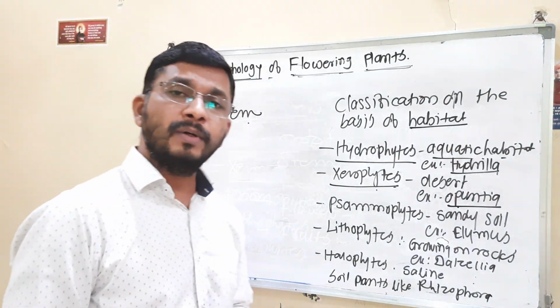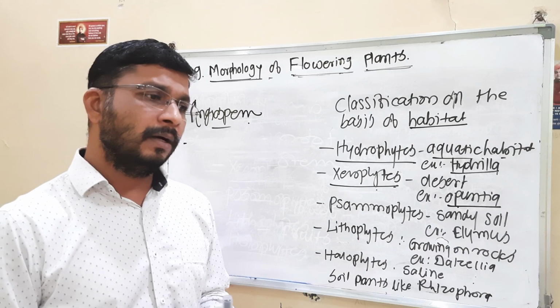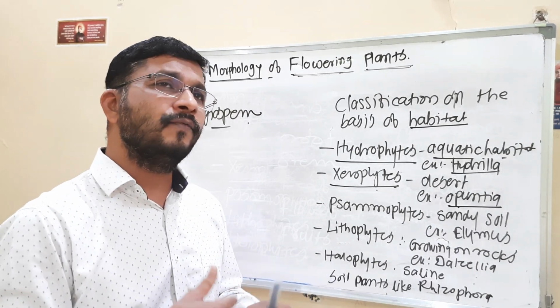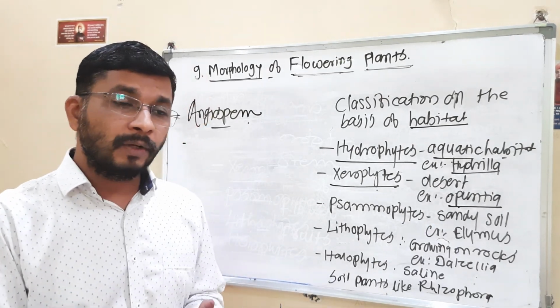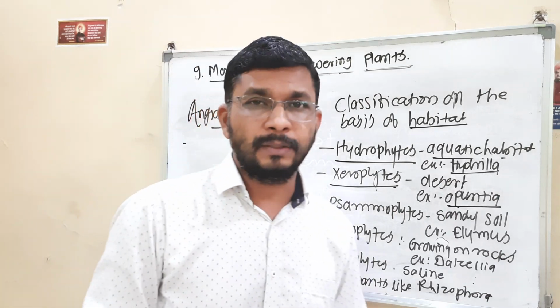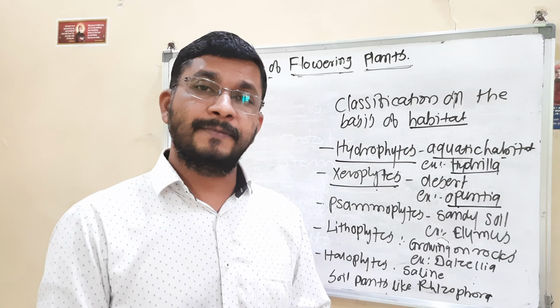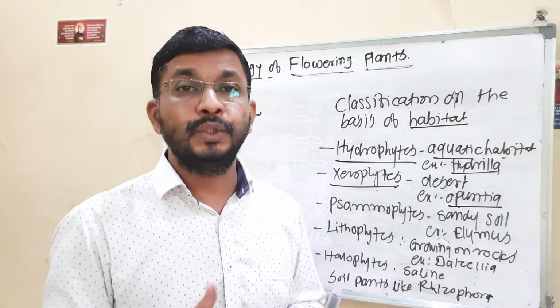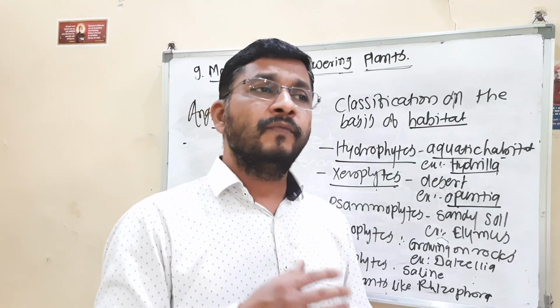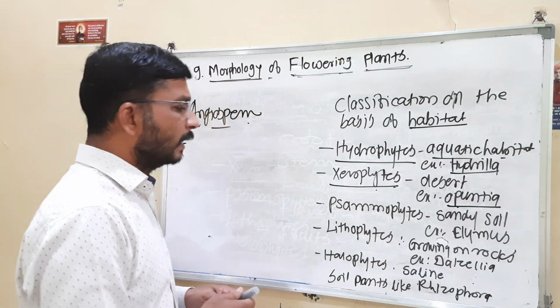Why? Because to survive in that condition, the leaves of Opuntia convert into spines, and the stem converts into a leaf-like structure.